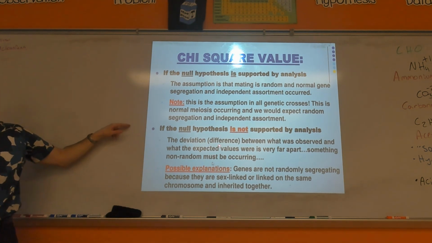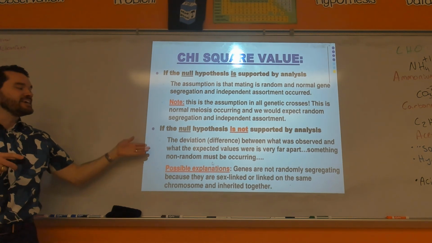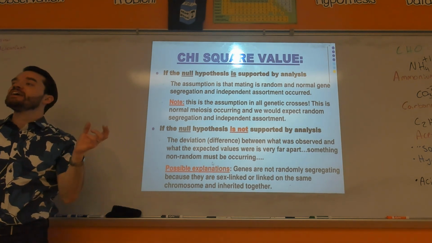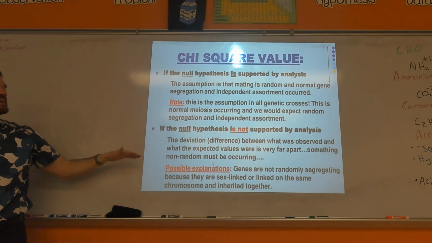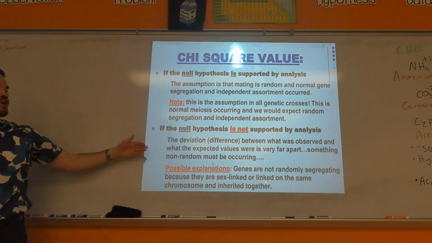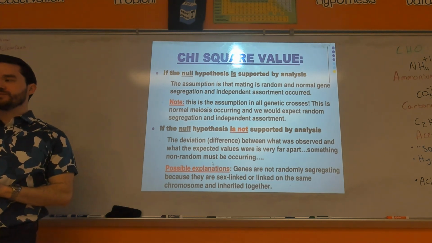Whereas if you reject the null hypothesis, meaning it is not supported, then there is some reason why you had a difference between your observed and your expected. In genetics problems, that would be evidence that there is sex linkage, or that the genes are linked on the same chromosome.